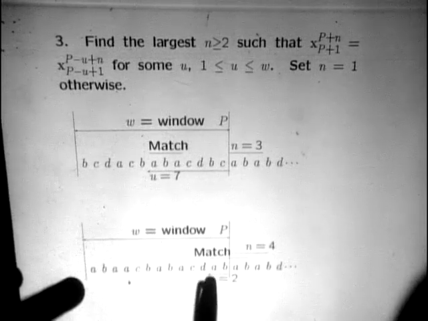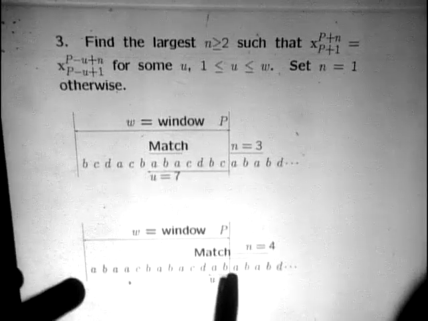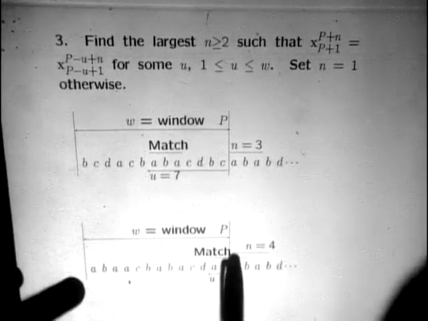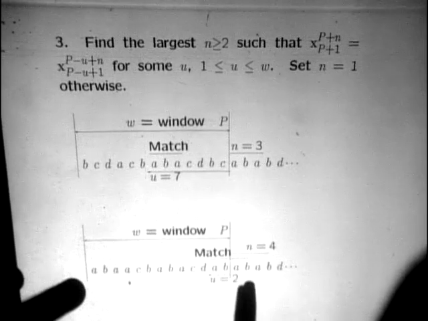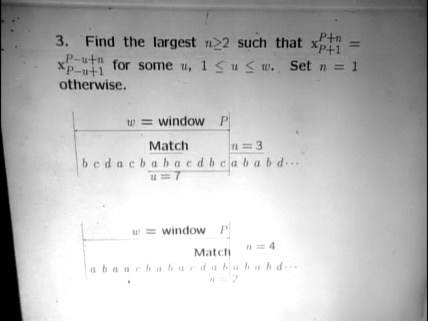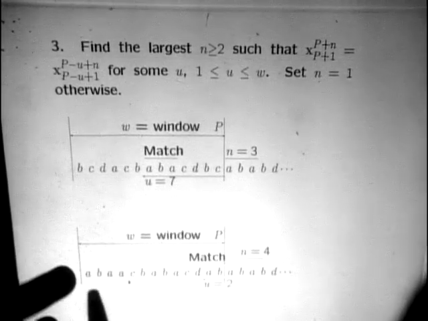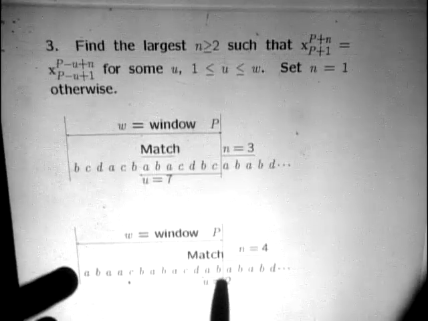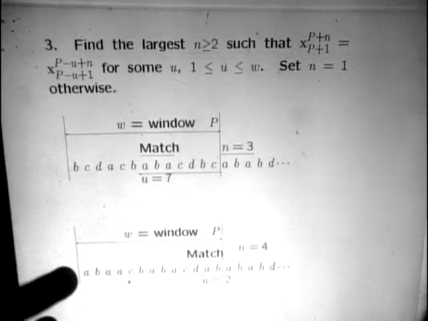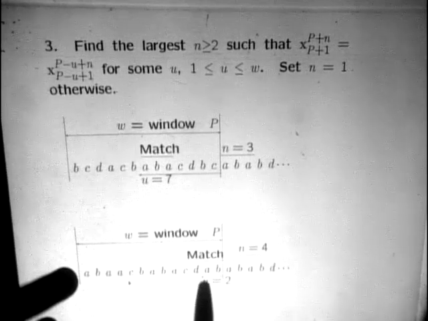Well, we can start back here, which is still in the window, and what we see is ABAB. So these 4 digits match these 4 digits. Well, you might say foul ball, because if I tell you there's a match of 4, and I tell you where it is, in fact, all the poor decoder knows is this. But if I tell you there's a match of 4, and it starts here, what's the poor decoder going to do?